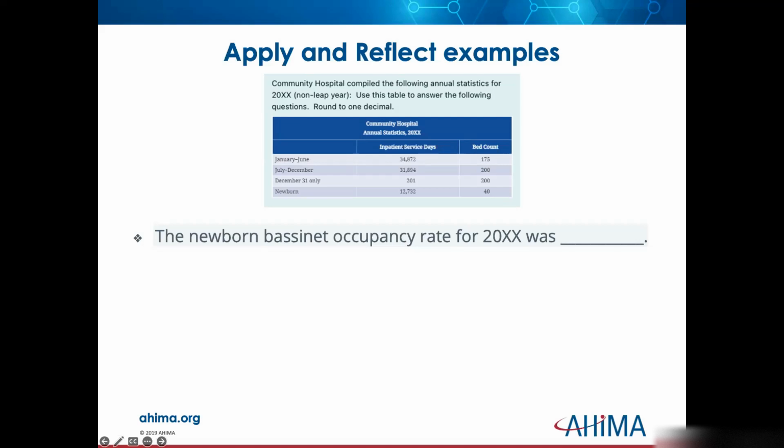For the first example, in order to find the newborn bassinet occupancy, you will take 12,732 inpatient days and divide by the bed count and multiply by 365, which is the number of days in the year. Pull out your calculators and let's see what everyone gets.